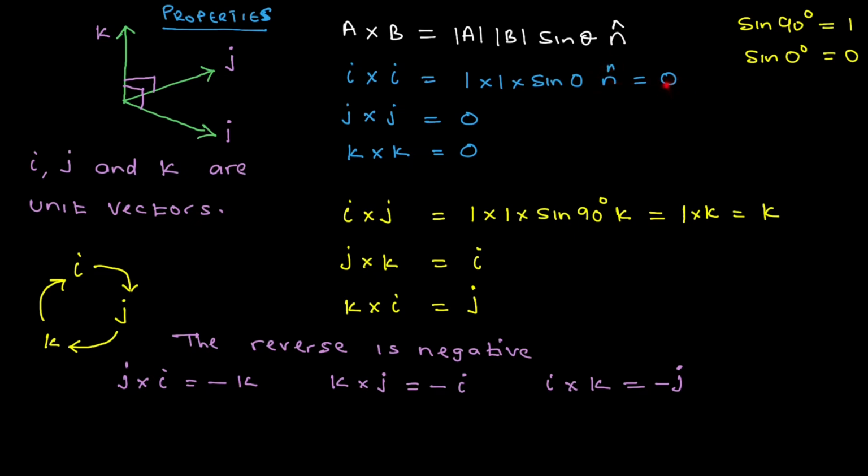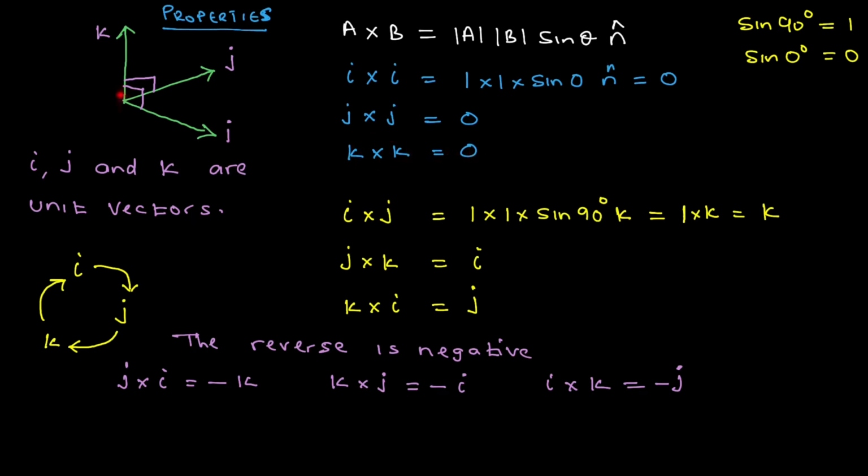That will be 0 because sine of 0 is 0. So i cross i is 0. j cross j will also be 0 because they are parallel. k cross k will be 0.